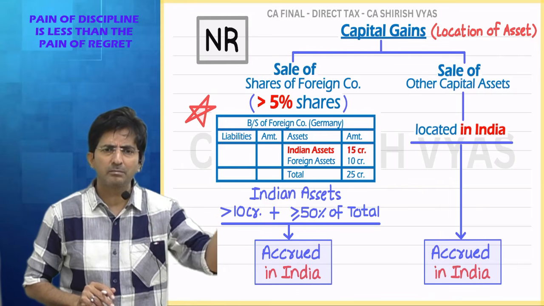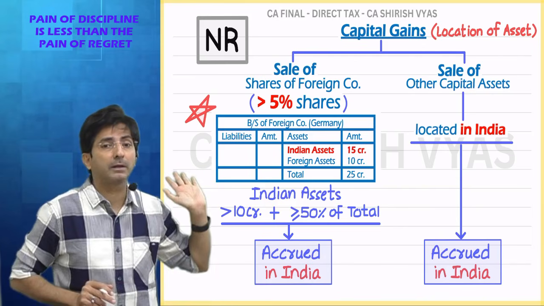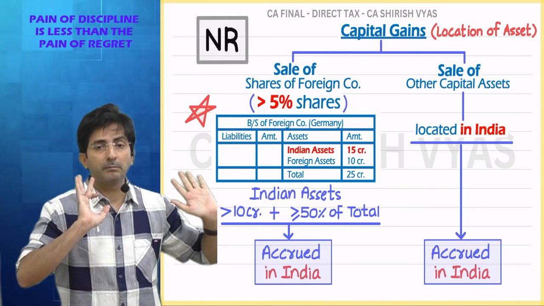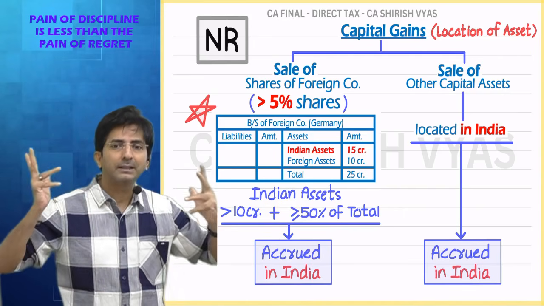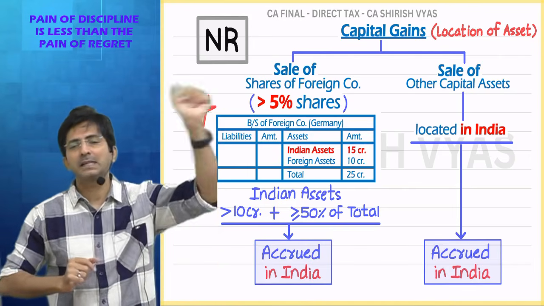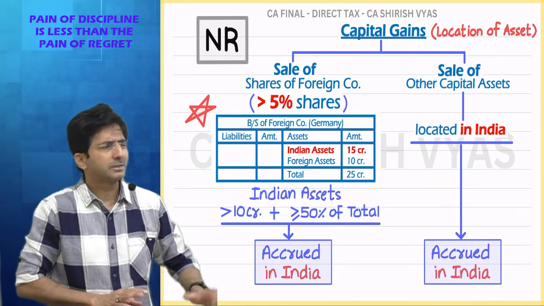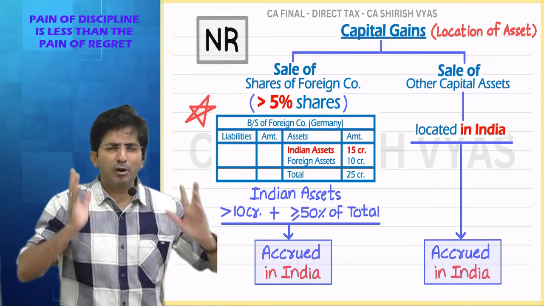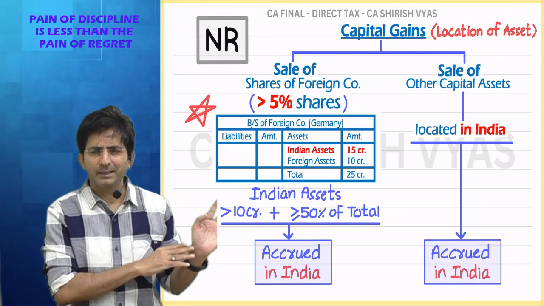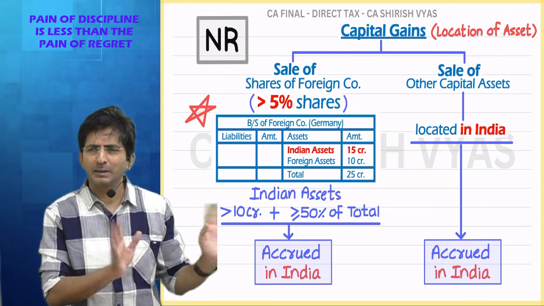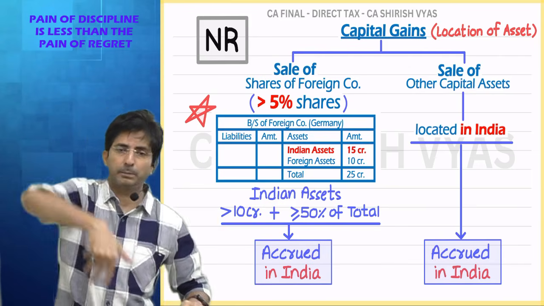He should be holding more than 5% shares of such German company. Means he should be some major shareholder. Then the government will apply major thinking. If that Singaporean shareholder has got only a few shares of the German company, then we will not apply that major thinking. Then what will we think? It's a German company. Shares of a German company are sold, capital gains accrued in Germany. Then we don't think deeply.